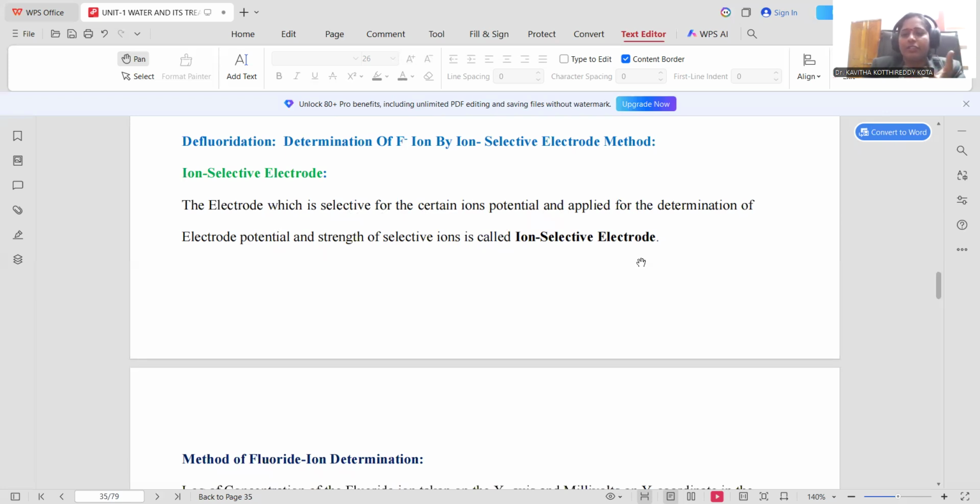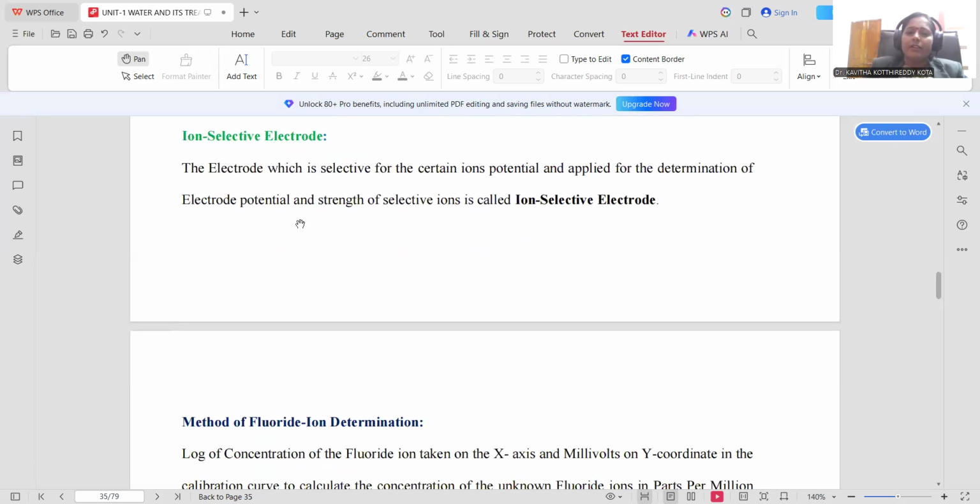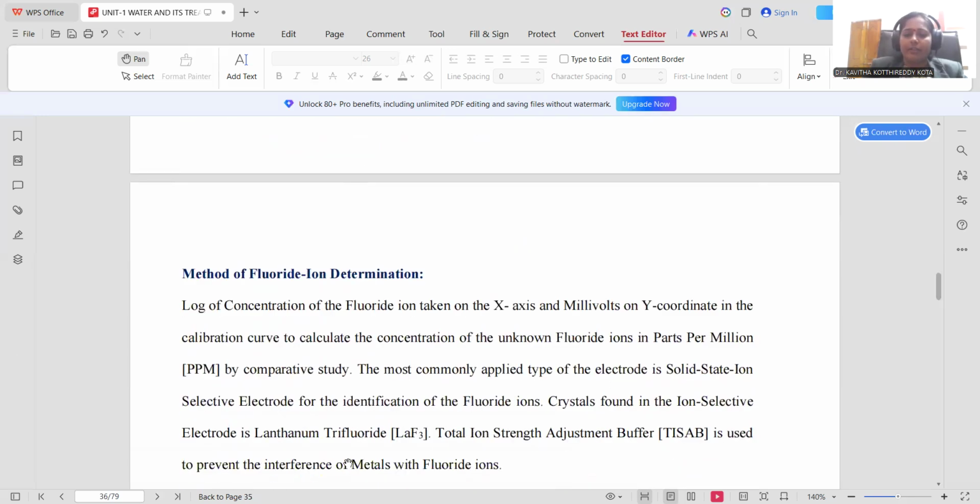If you have a mixture of ions and place an ion selective electrode, it will read the electrode potential of only the specific ions. For the determination of fluoride ions, we have lanthanum trifluoride. This is a specific electrode for fluoride ion concentration measurement.